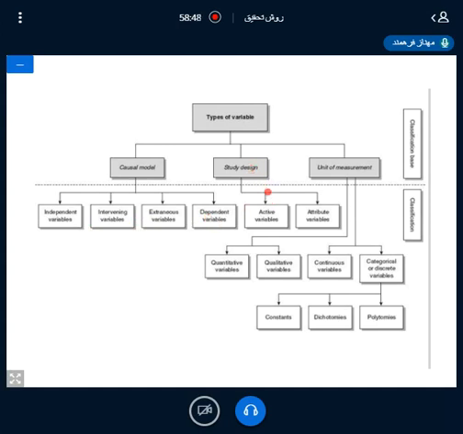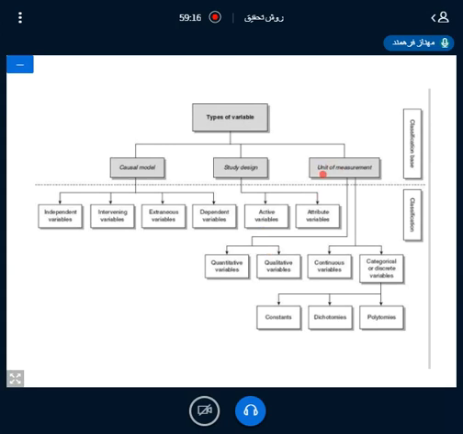And in study design, we have two kinds of variables: active and attribute, that you know these variables. Active variables and attribute variables are kinds of study design.